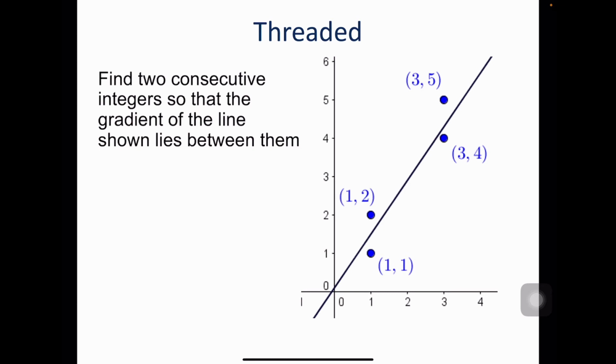Question 2. Find 2 consecutive integers so that the gradient of the line shown lies between them. Okay, so pause this video if you don't want the hint. Just don't do anything, keep playing it if you'd like a hint. So the hint I will provide is I'm going to draw 2 lines.